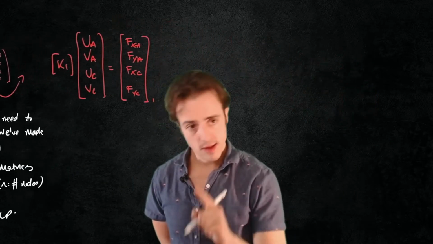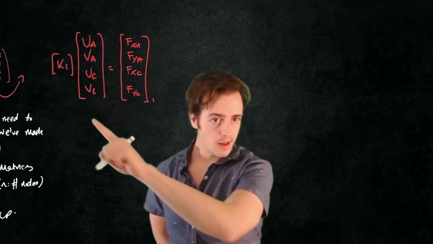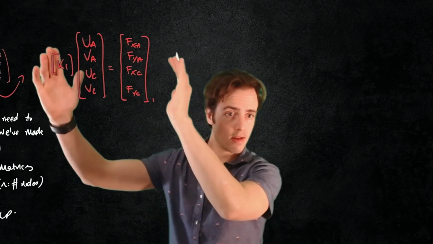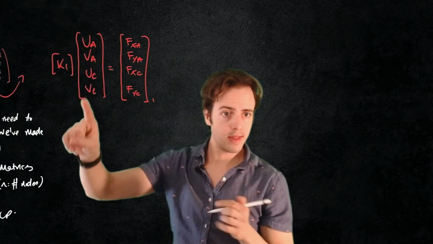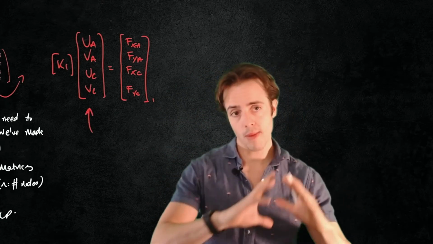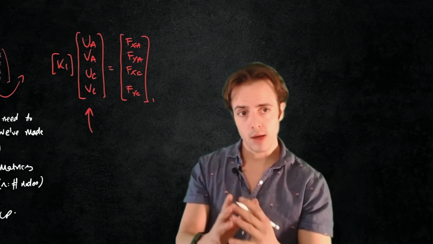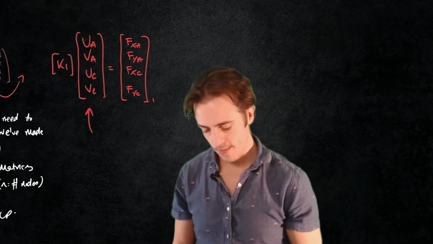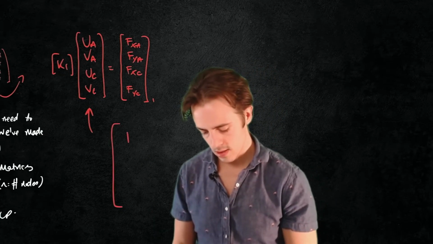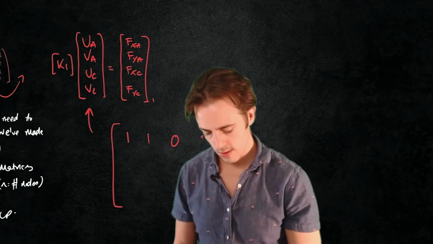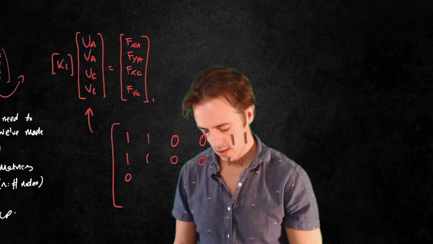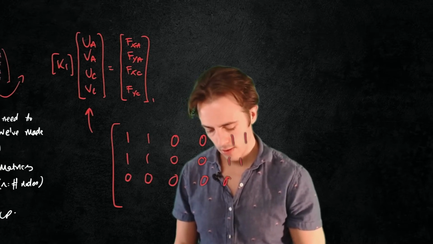Since this is a 4x4, I need to expand this into a matrix that still gives me the same equations, but such that it can be a 6 by 6, so that when I multiply it by the 6 by 1 global displacement vector, I still have the same set of equations. So that's going to end up being 1, 1, 0, 0, 1, 1, 1, 1, 0, 0, 1, 1, 0, 0, 0, 0, 0, 0.